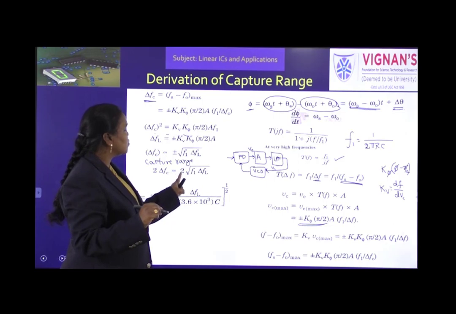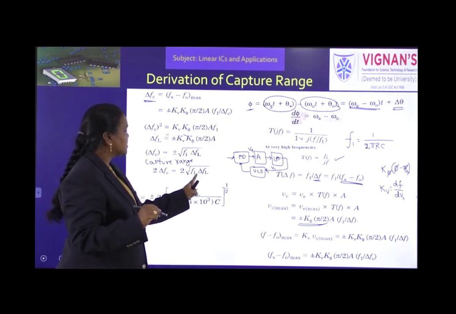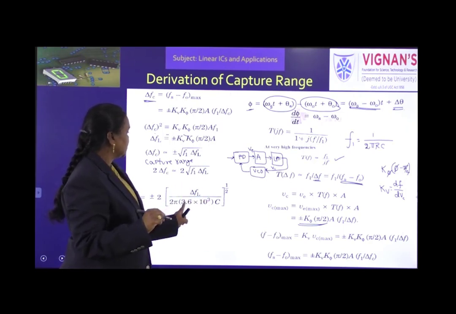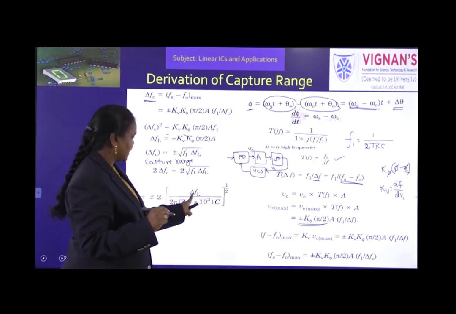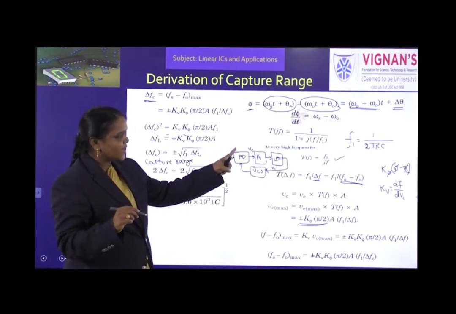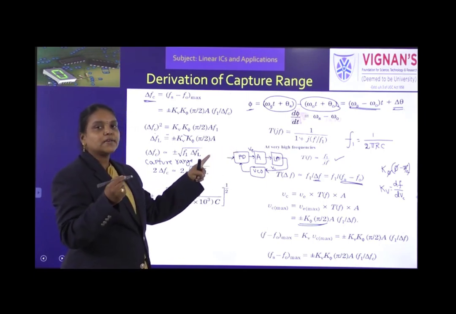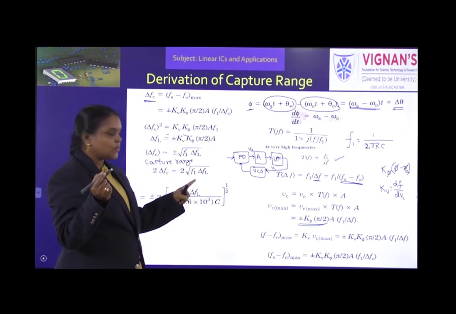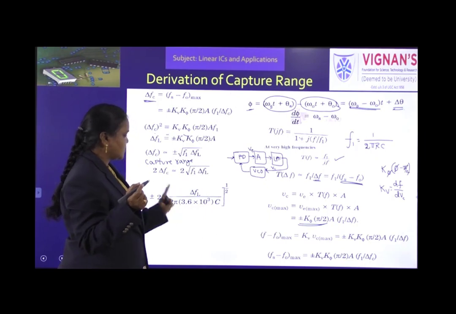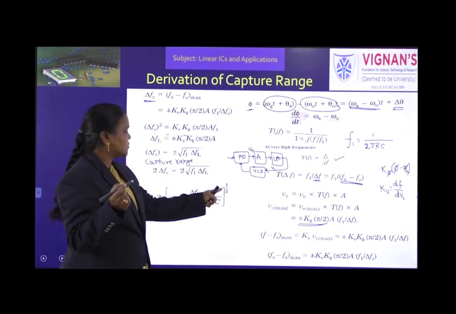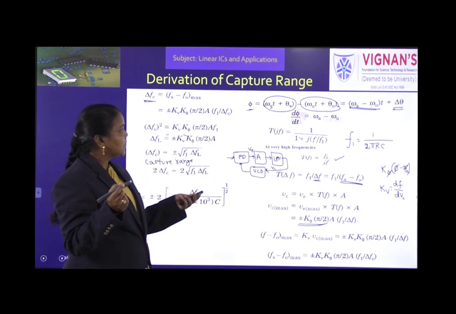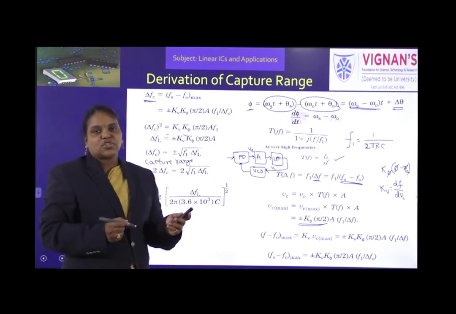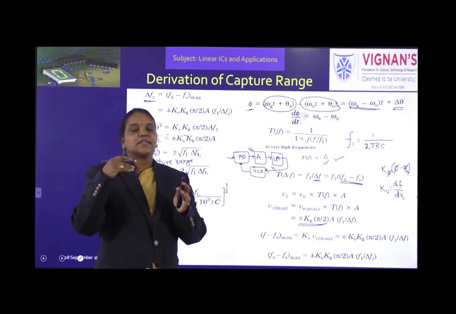So that is equal to 2 times this. And you substitute this delta FL here. So delta FL I have written directly, and f1 means 1 by 2 pi RC, and here in the monolithic 565 IC, the R value is 3.6 kilo ohms. So we are substituting that. Square root means the whole power 1 by 2. So this is the final expression for the capture range, that is, up to what frequencies it is able to capture.